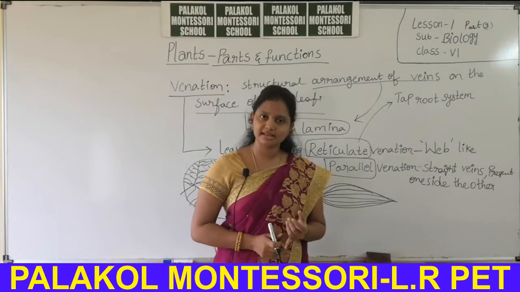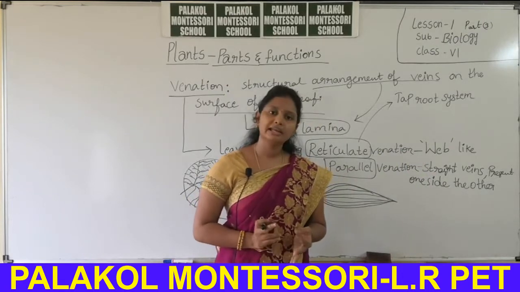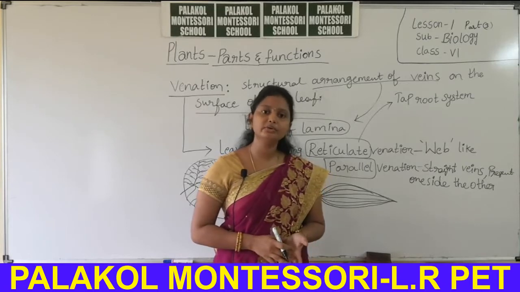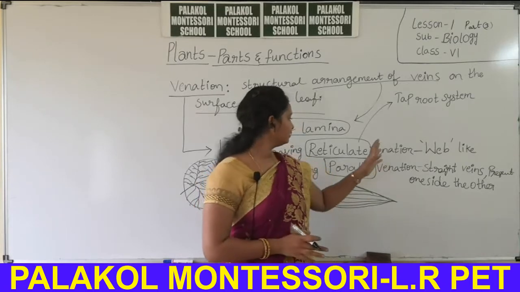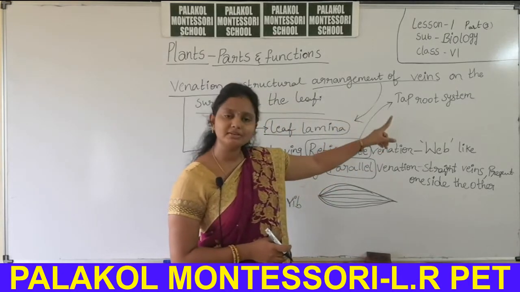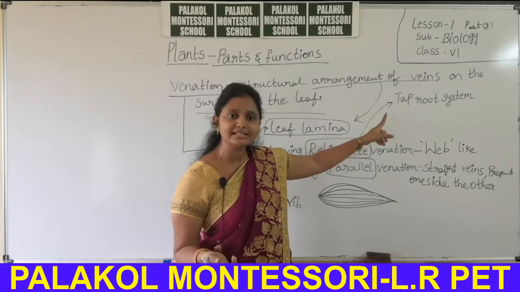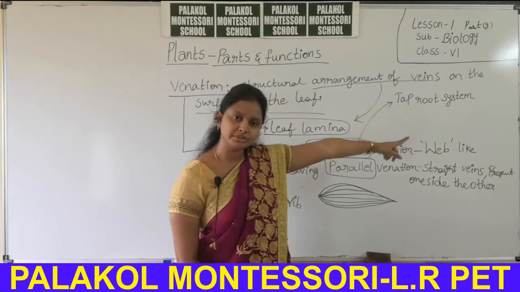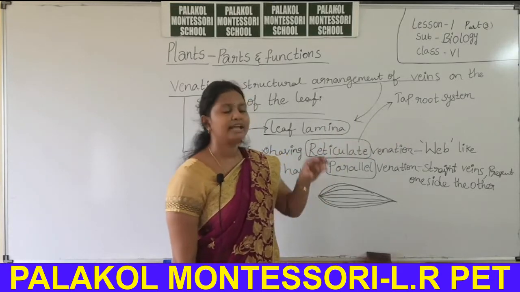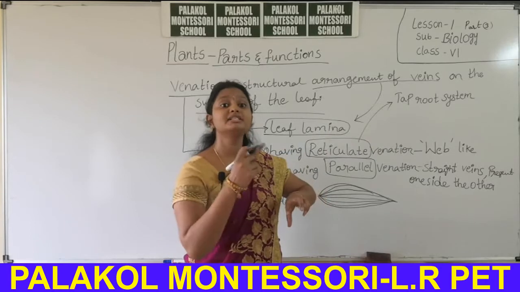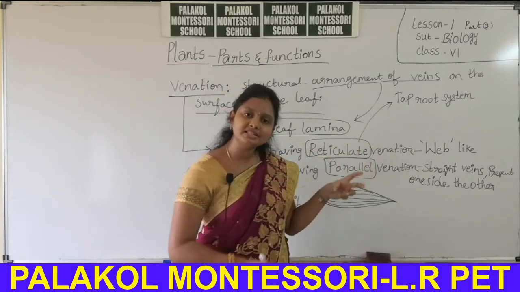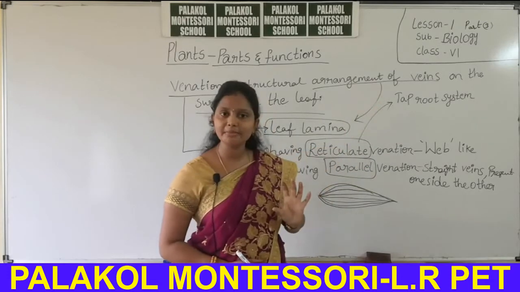That means hibiscus, brinjal, lady's finger and so on, plants near your area. These have reticulate venation leaves, and their root system must be taproot only. A reticulate venation leaf must have a taproot system in its body.